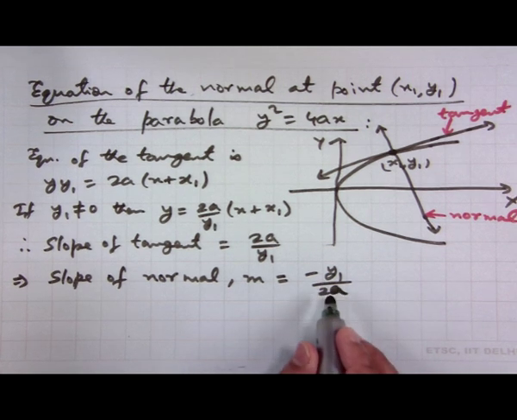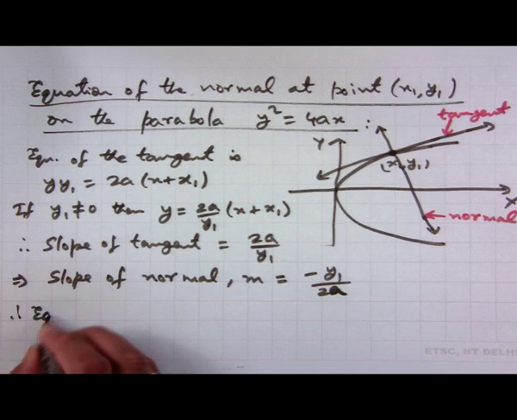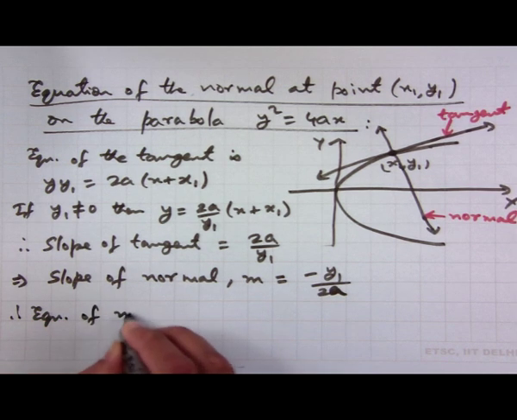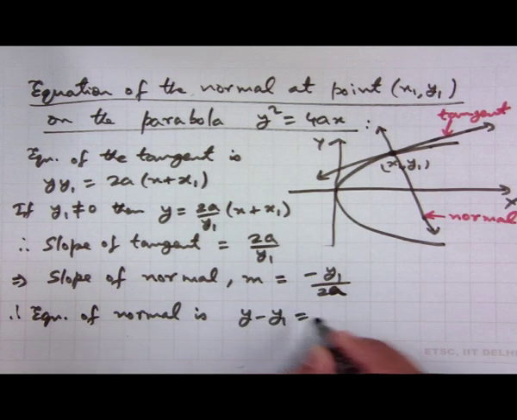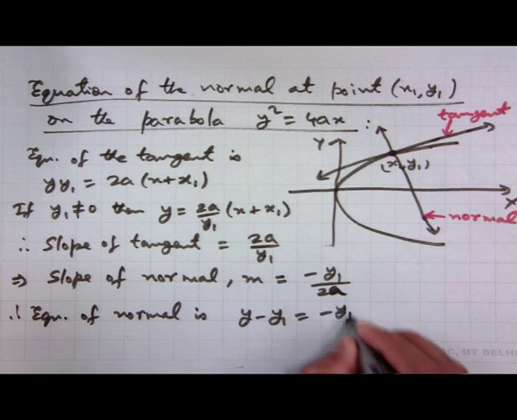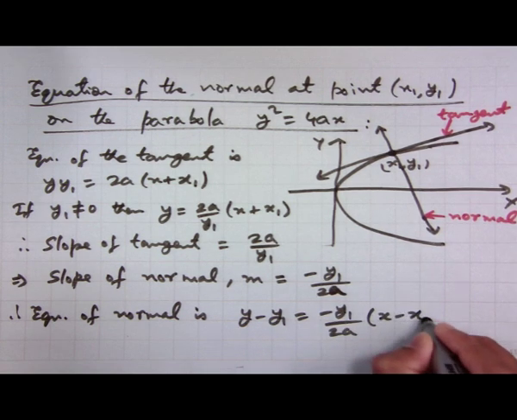So, we get slope is minus y 1 by 2 a. Therefore, equation of normal is y minus y 1 equal to the slope minus y 1 by 2 a times x minus x 1.